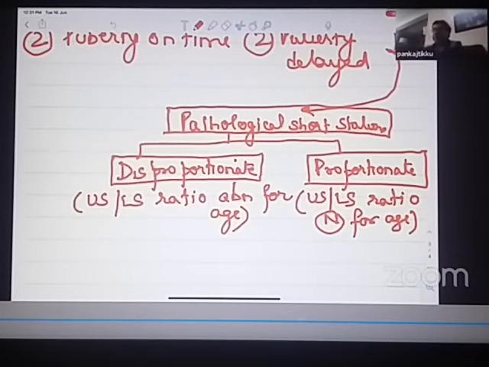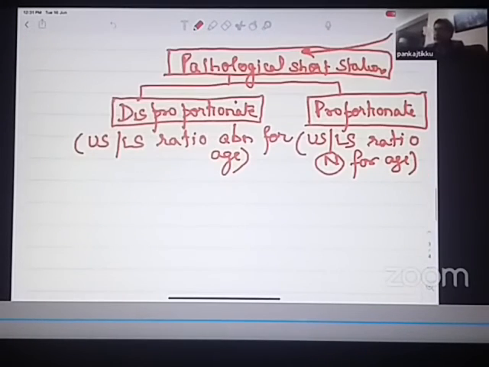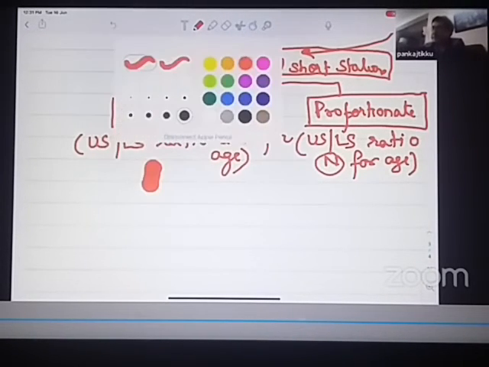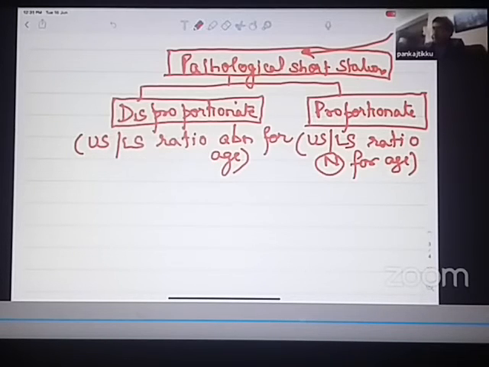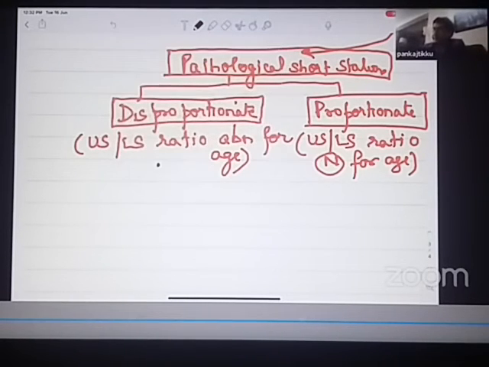Now, please pay attention again. It is a little confusing, but if you pay attention to what I am saying, I don't think it will be too confusing. In disproportionate short statures, the upper segment to lower segment ratio is not matching for that age.